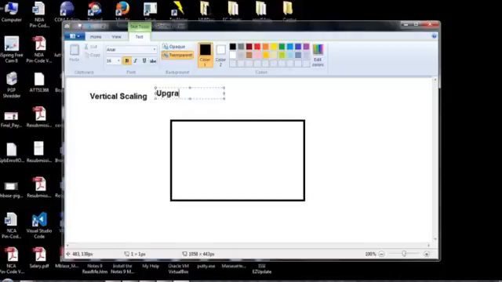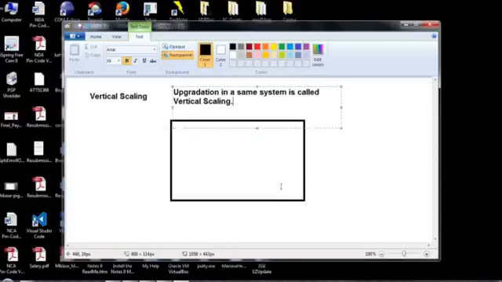Upgradation in the same system is called vertical scaling. What does it mean?